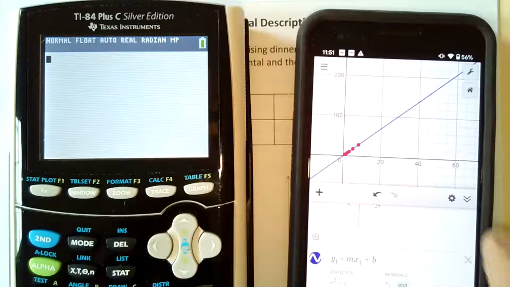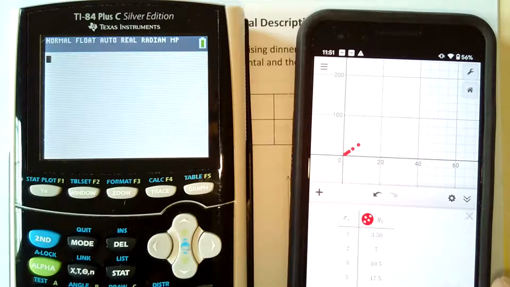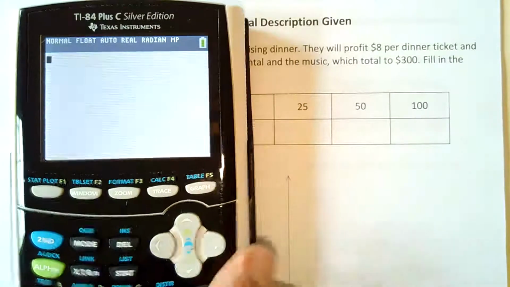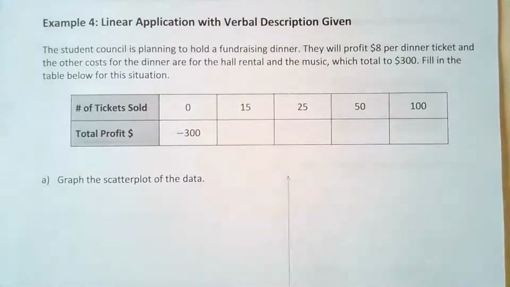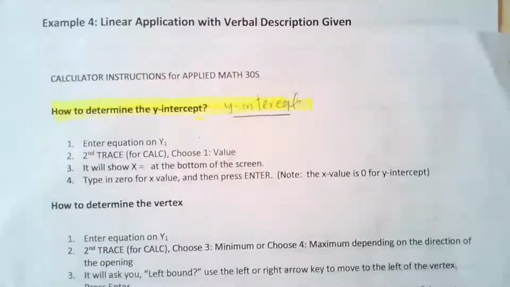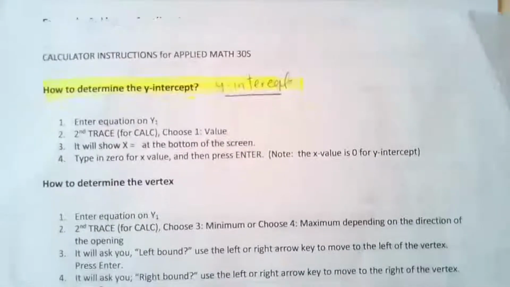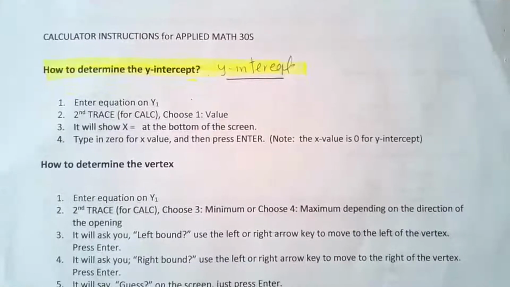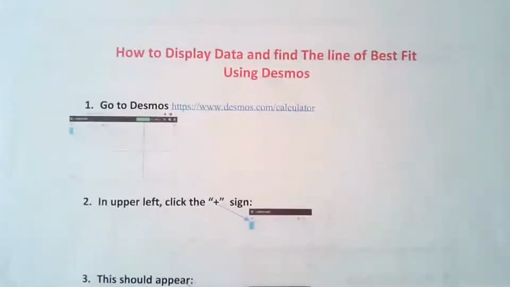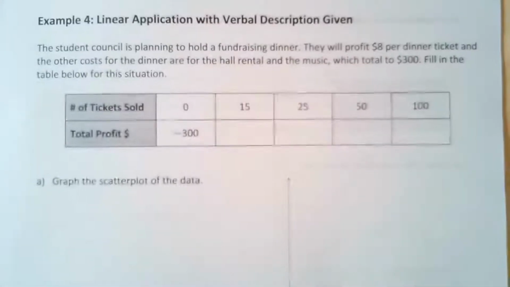So these are the two pieces of technology you will need. And you probably want to have handy with you your instructions for using a graphing calculator or instructions to use your Desmos. So these are the things you'll need.